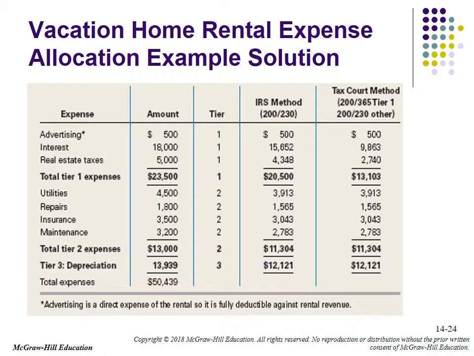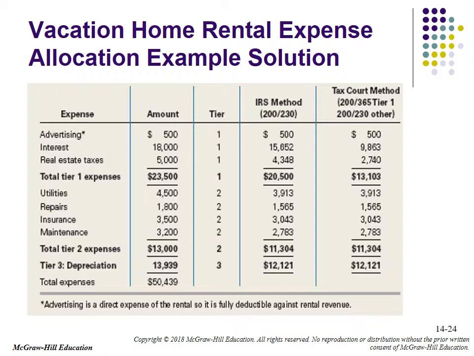So 18,000 times the fraction 200 divided by 230 gets you 15,652. The same with the real estate taxes. So under the IRS method, Tier 1 expenses allowed as a deduction for the rental portion and subtracted from your rental income total $20,500.